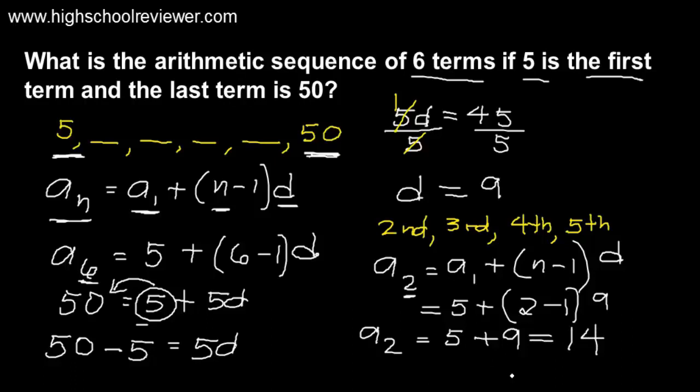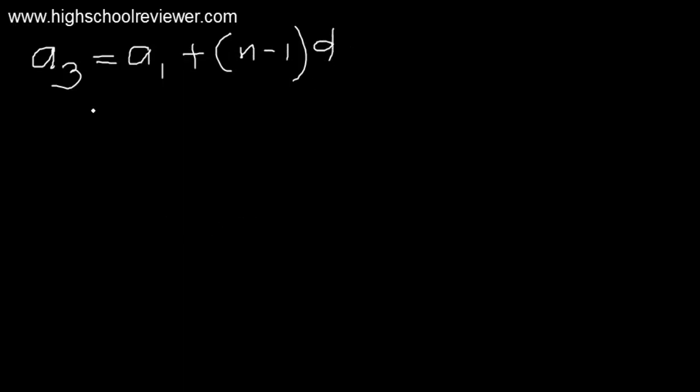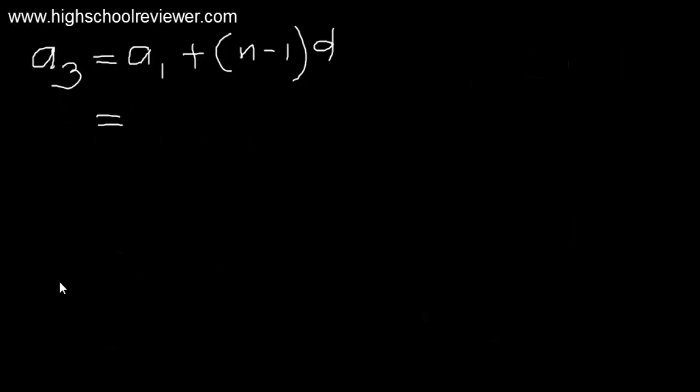Okay, let us now find the third term, or A sub 3. For our A sub 3, our equation will be A sub 3 is equal to A sub 1 plus n minus 1 multiplied by D. Again, our A sub 1 here is the first term, and that is positive 5.